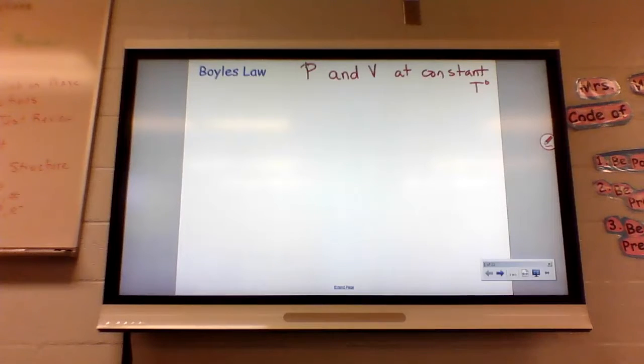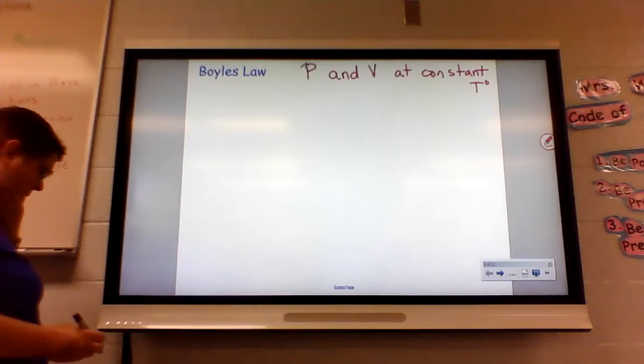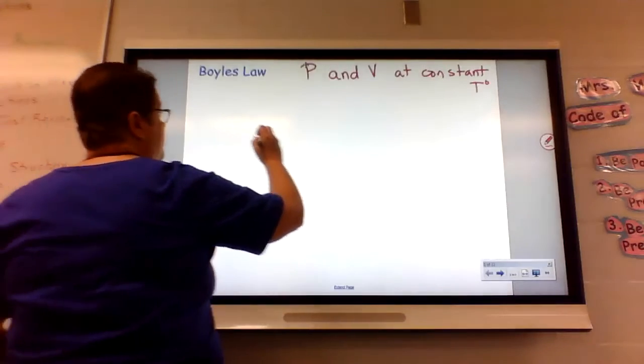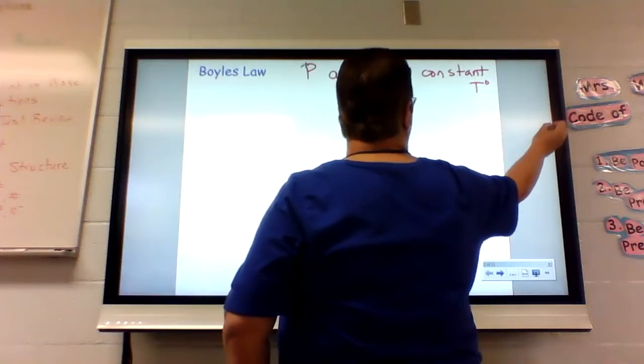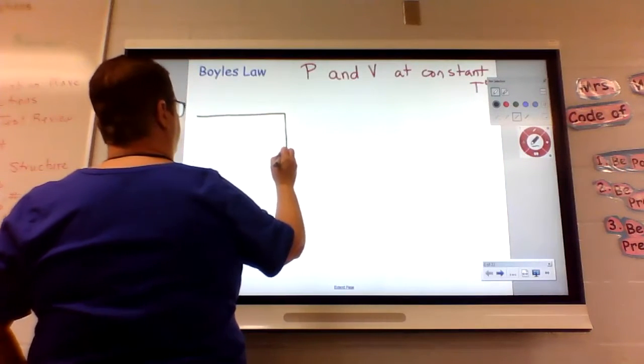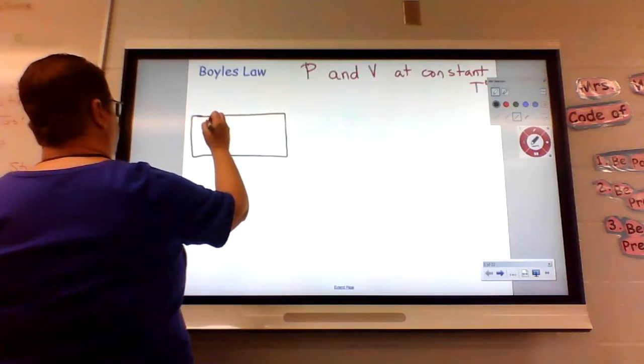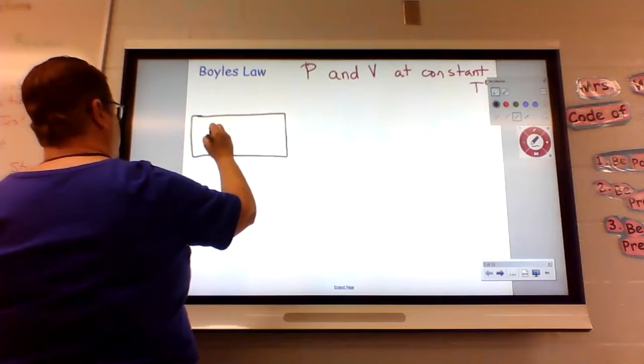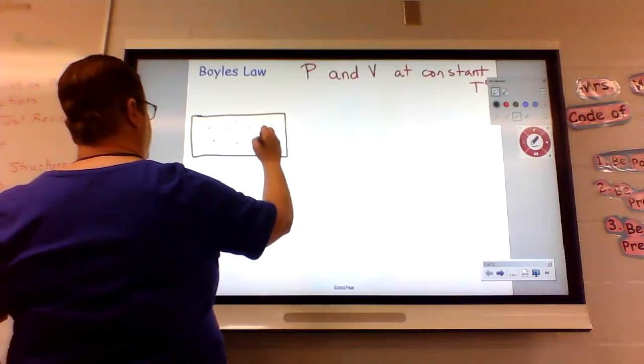Now, when we talk about Boyle's law, first of all, we're going to consider a gas moving around inside some container.